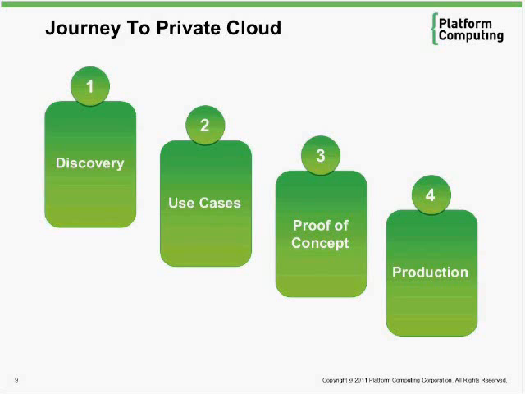So let me now focus on the 4 steps that we find enterprises need to go through to get to a production private cloud. These steps are first, discovery, to learn what is cloud and how it applies to your business, to your applications, and based on that, zoom in on the target use cases you want to implement, not an uber cloud for everything and everywhere, right?